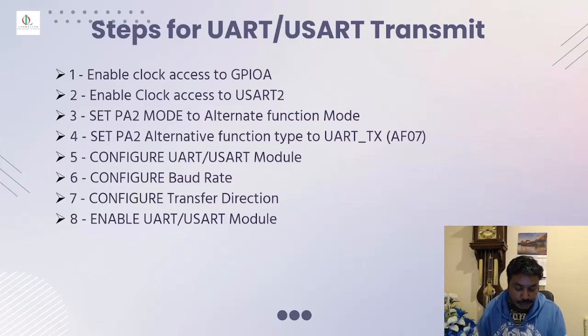So the first step is to enable the GPIO port where the USART will be configured with any one of the ports. We are taking GPIO A, it can be GPIO B, C, D, whatever, but as a standard practice, we'll start with GPIO A. So this is where, if you want to enable the clock, you got to learn which bus is connected to which port and which peripherals are connected to which bus, and how that's communicated to the microcontroller.